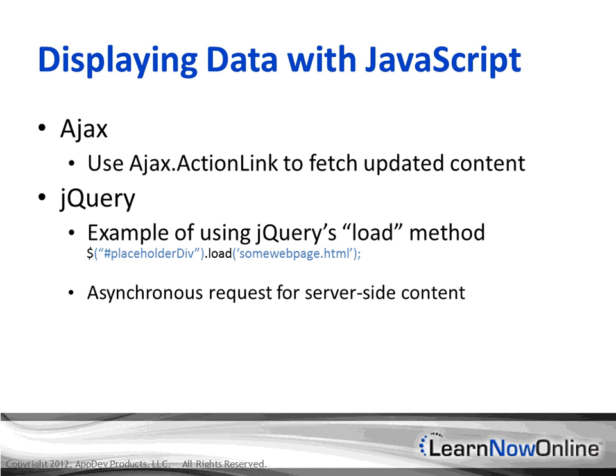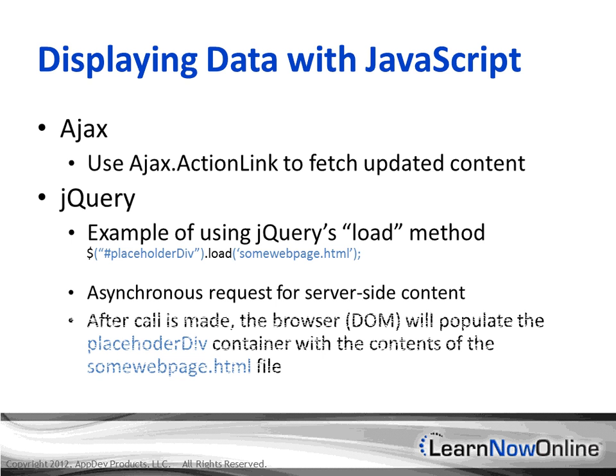Both of these have an asynchronous request for server-side content. After the call is made, the browser, or the DOM, will populate the placeholderDiv container with the contents of the somewebpage.html file. So these are two ways to actually get data to load asynchronously into your page via JavaScript or Ajax.